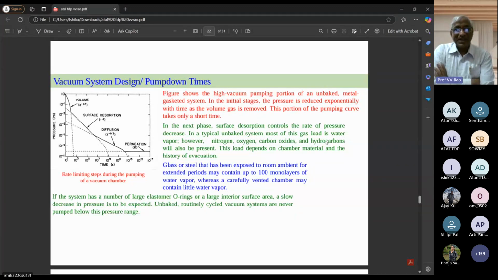This, of course, you can go through at your leisure because this is only a curve showing a pressure versus time curve. Initially, the volumetric gas that is within the volume. Afterwards, surface gases. Afterwards, diffusing from the outside through the body of the chamber. Then finally, it saturates at permeation.